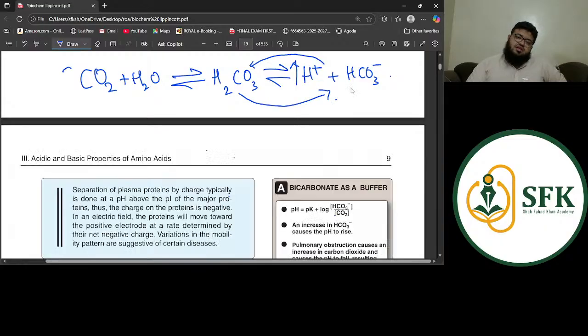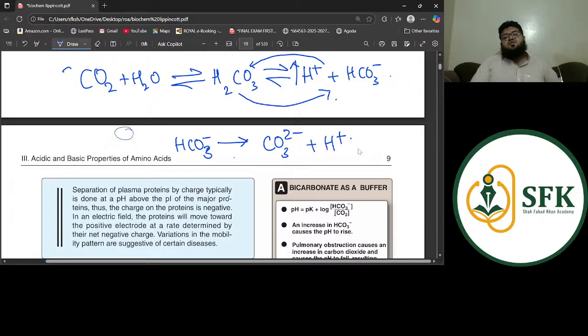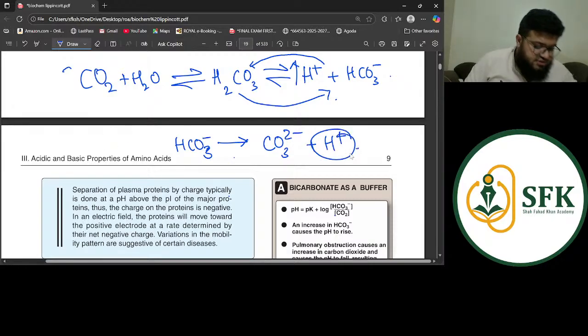You can look at it this way, or the bicarbonate itself alone can also act as a buffer, meaning when the acid concentration increases, it's gonna give away the H positive ion, because of which the H positive concentration in the solution is gonna increase, and when the acid concentration decreases, the reverse occurs, and it takes away the H positive ions. So that's how bicarbonate acts as a buffer.